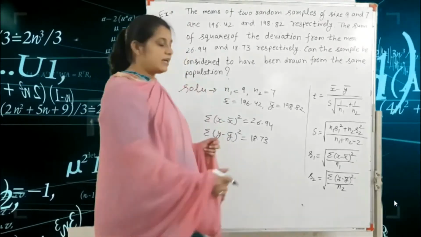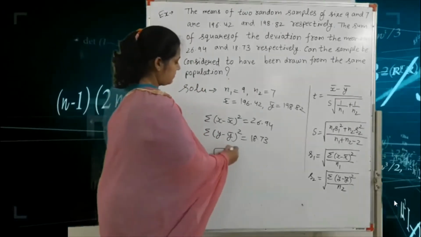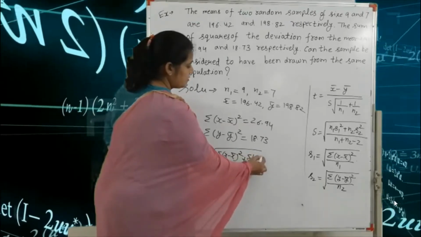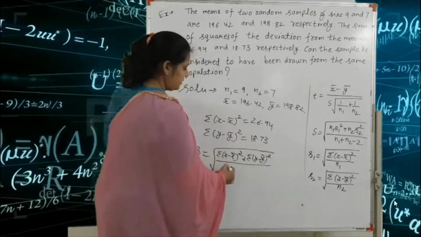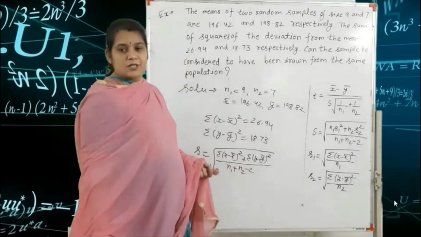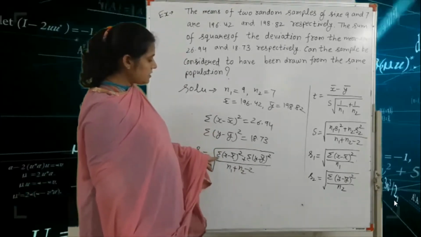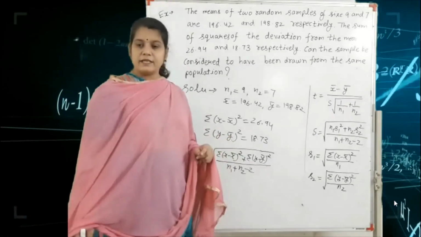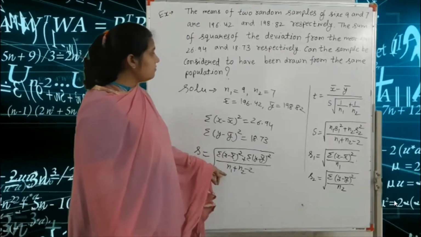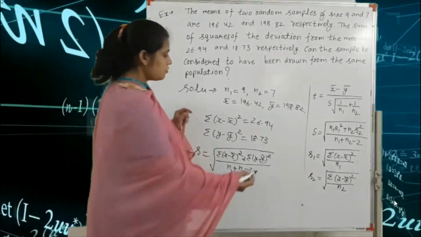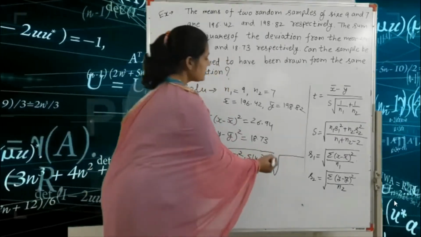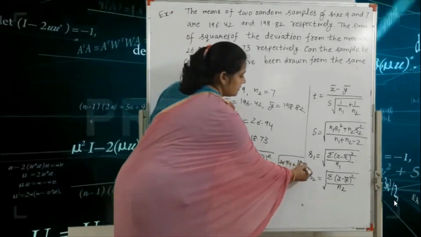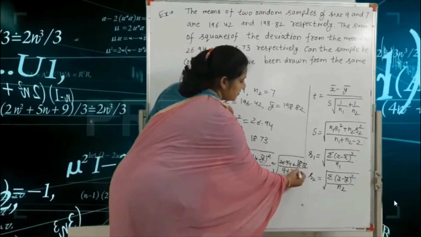Putting in all these values, s is equal to under root 26.94 plus 18.73 divided by 9 plus 7 minus 2.